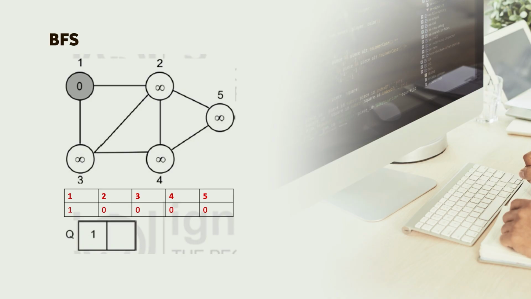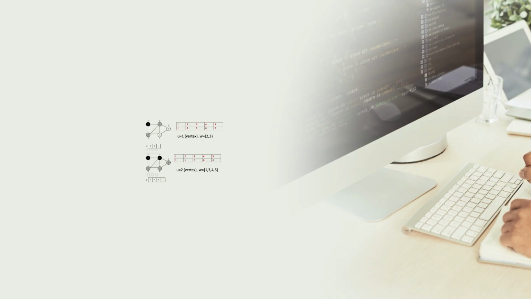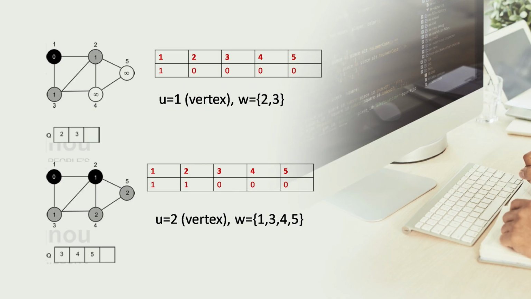Now the next step is very simple, you have to consider the vertex 1, and you have to add the adjacent vertices to the vertex 1.